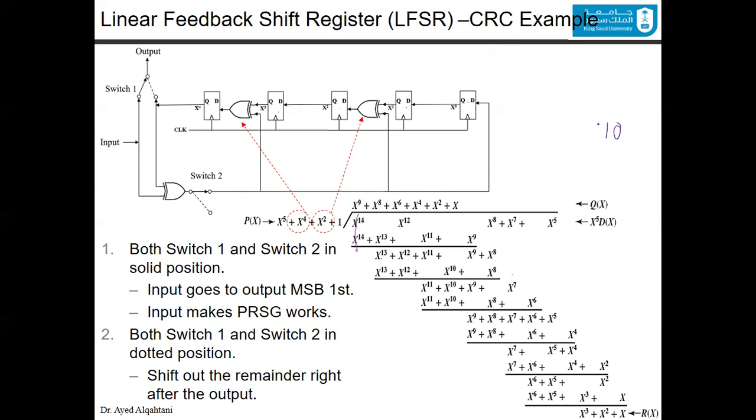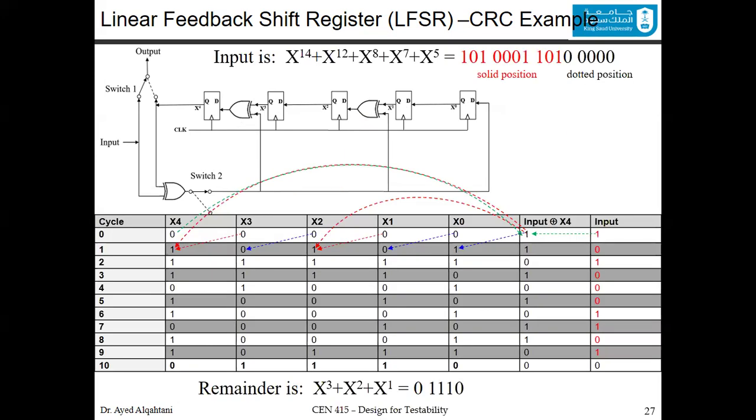Position 2 is 1, position 3 is 1, position 4 is 0. So this will be your remainder value once you're done with finding the CRC. And this is exactly what we found at the end. From x0 to x4, at the end we got 0, 1, 1, 1, and 0.